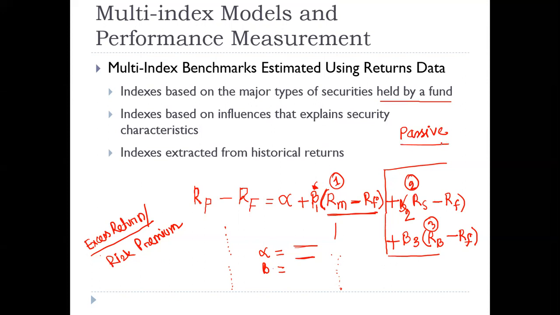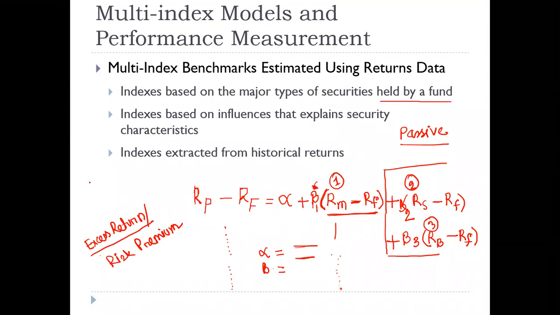Have you heard about active investment and passive investment? In passive investment, we mimic a particular index; we do not have any active allocation. Active allocation, what does it mean?